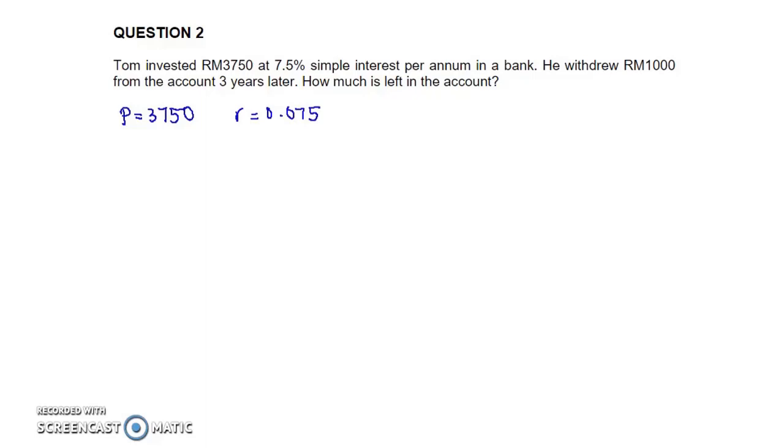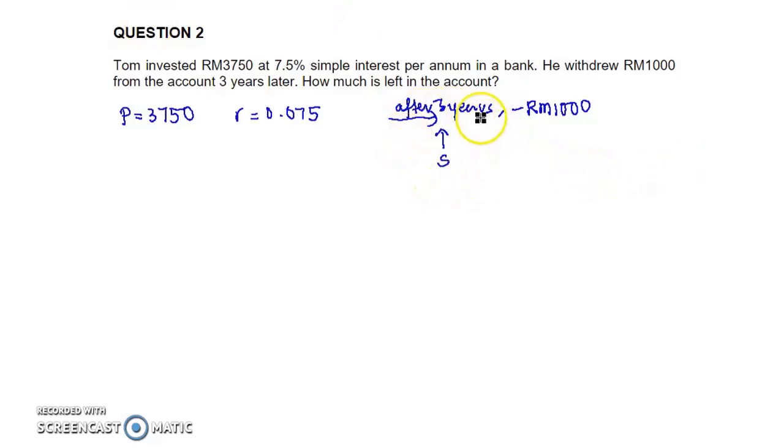He withdrew 1000 ringgit from the account 3 years later. So after 3 years, at the end of a certain period, so here will be value S. How much is left in the account?